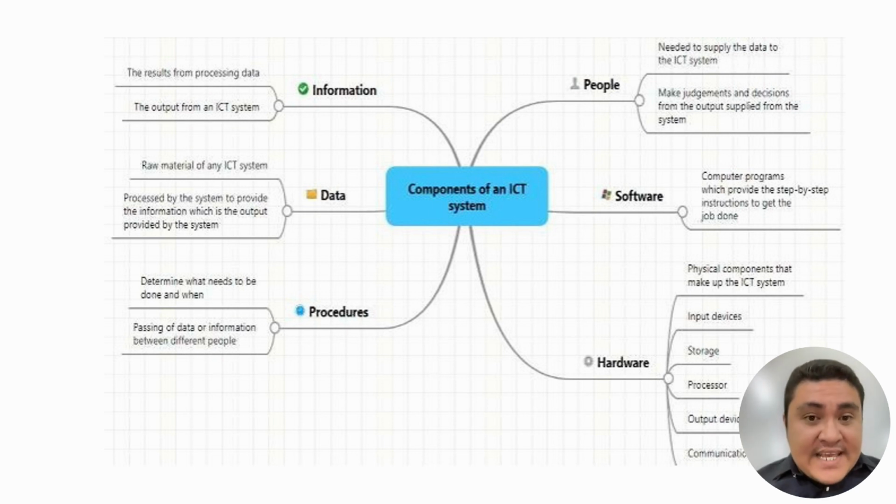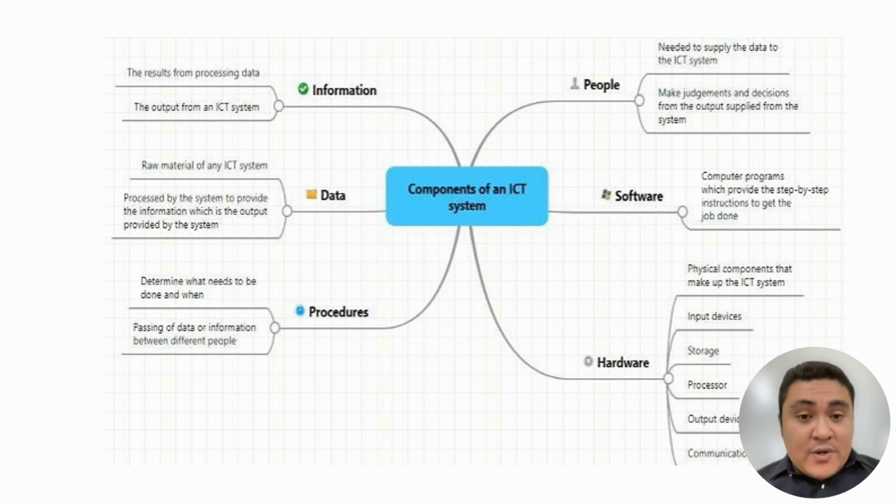So we have here components of ICT. So we have actually six. You have the people, software, hardware, procedures, data, and information. Let's start first with the software because that's number one in our components. So software are computer programs which provide step-by-step instructions to get the job done. So the things that you are using right now in your computer or in your devices are considered to be software.